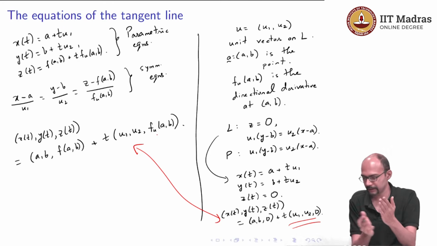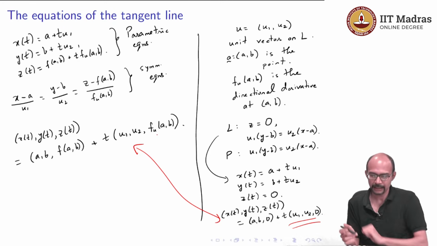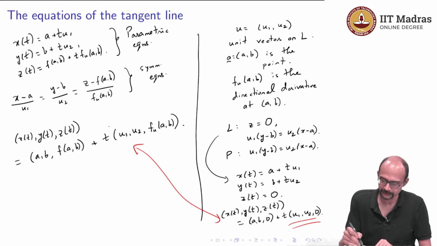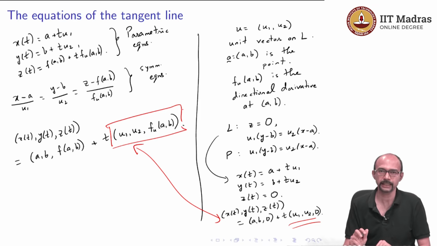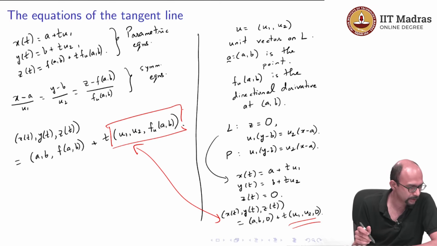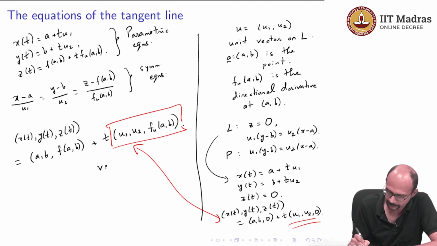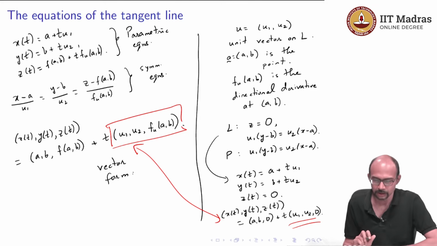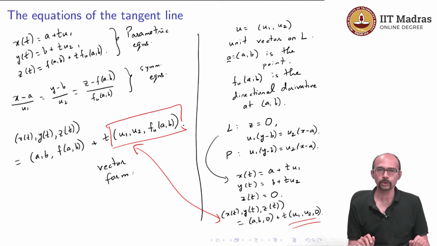So, if you translate that, you get this same line here, and that is what it is saying, that it is the line passing through this vector here. That is exactly what we mean by the derivative. So, this explains why we get this line. This is often called the vector form. So, these are the equations of the tangent line. I hope this explanation sheds some light on how we obtain these tangent line equations.